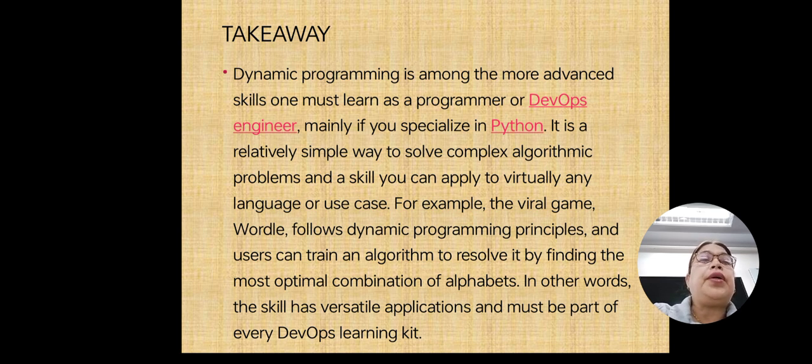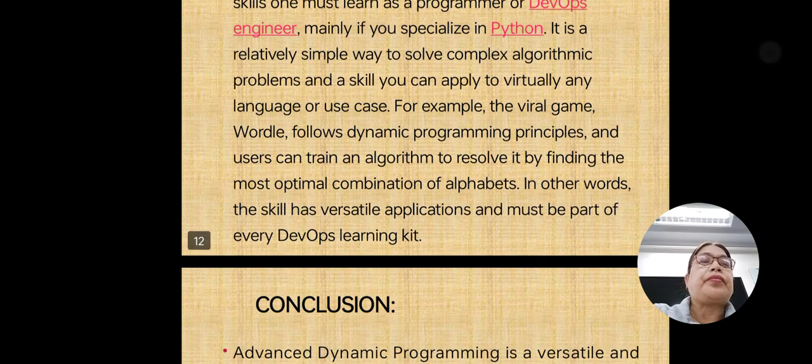For example, the viral game Wordle follows dynamic programming principles, and users can train an algorithm to find the most optimal combination of alphabets. In other words, the skill has versatile applications and must be part of every DevOps learning kit.